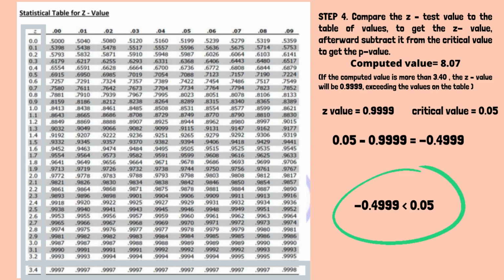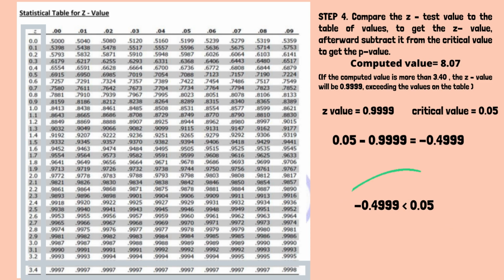So ngayon, after daw natin makuha yung z value, i-minus daw natin sa critical value. Okay? So critical value minus z value is ito, 0.05 minus 0.9999 is equal to negative 0.4999. Okay. So, ito yung lumabas sa atin.